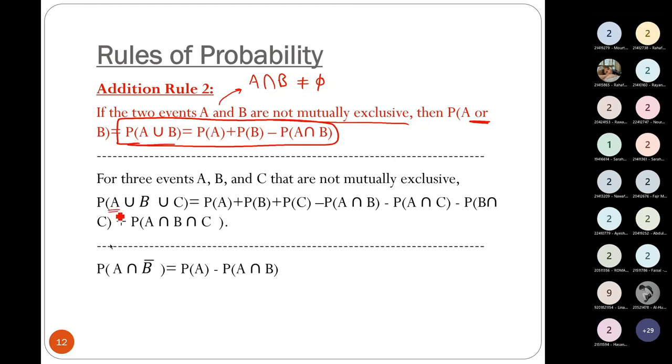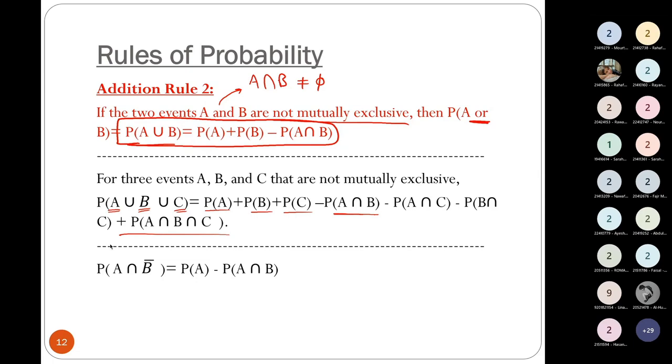Also, if we have 3 events and all of these are not mutually exclusive, this is the first plus the second plus the third, minus the intersections between each 2 events: A with B, A with C, and C with B. And the last one is the probability of the intersection between all events.